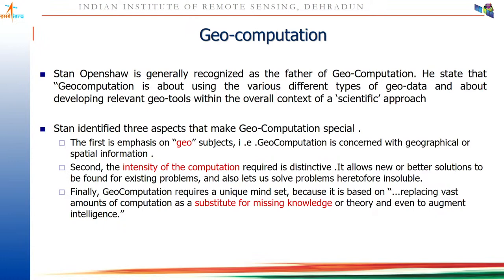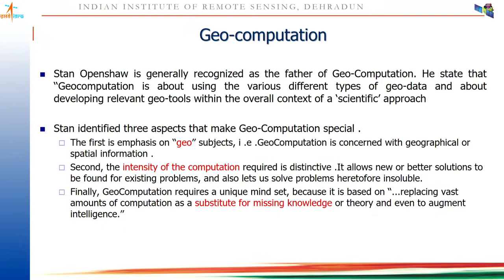He has also identified three aspects that make geocomputation special. First is an emphasis on the geo subject. That is, geocomputation is concerned with geographical or spatial information. Second, what he focuses on is the intensity of the computation. So it basically requires a lot of computation resources.